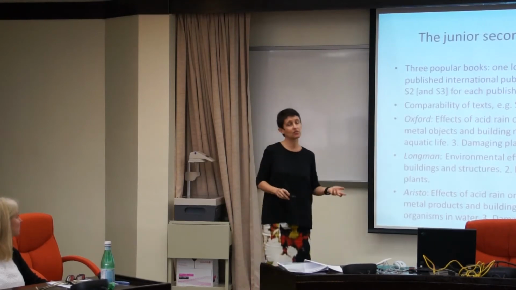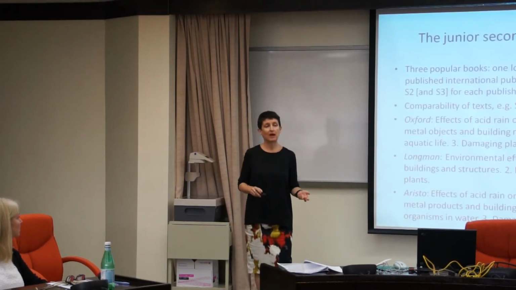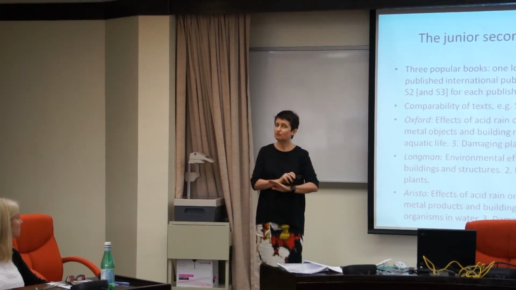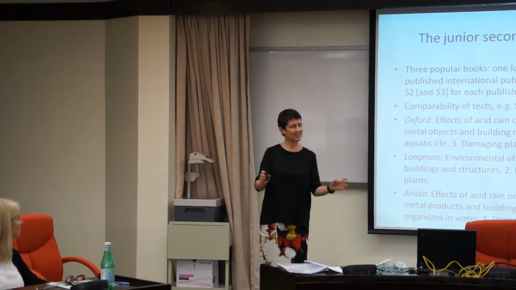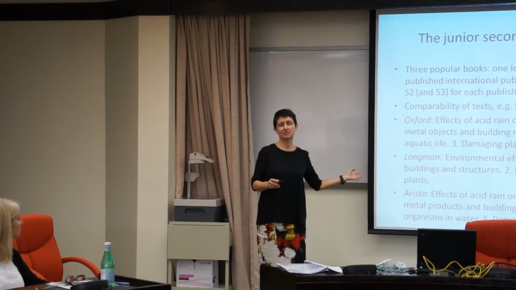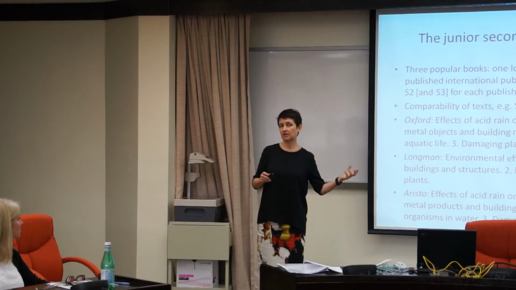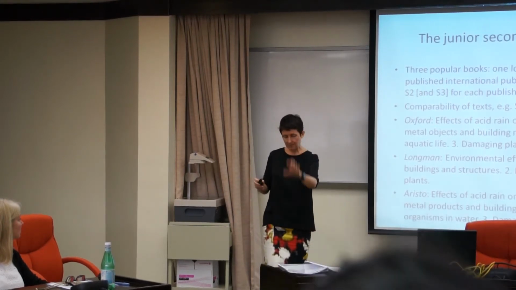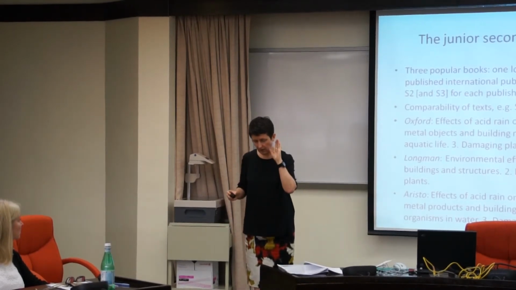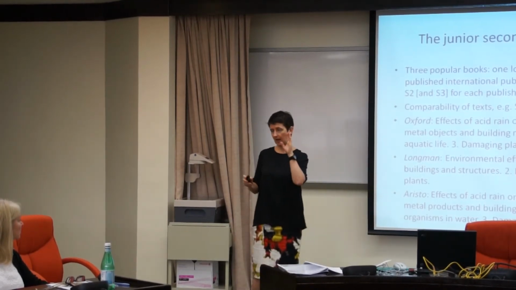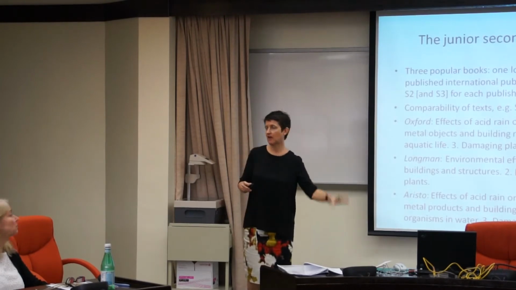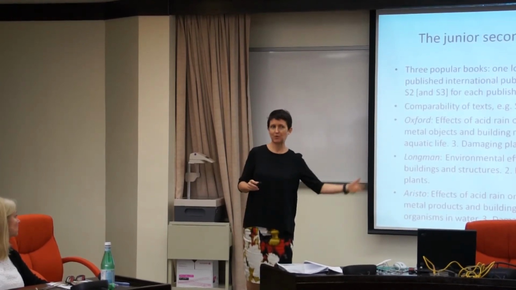I tried doing this with geography texts in Europe, and it was incredibly difficult to find comparable texts. I'm going to talk about an acid rain one. When I was trying to do this in Europe, one book had acid rain as a physical explanation, and one had acid rain as an argument about who was culpable.